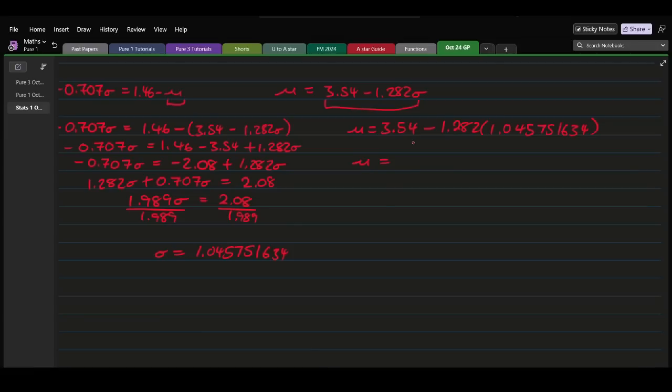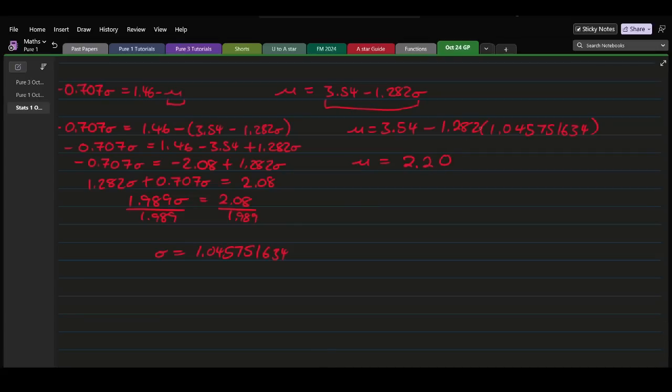So that's 3.54 minus 1.282 times 1.04575164, and this gives us 2.2... Now I'm not going to use this value further, so I'm just going to give it to 3 significant figures, which is 2.20.